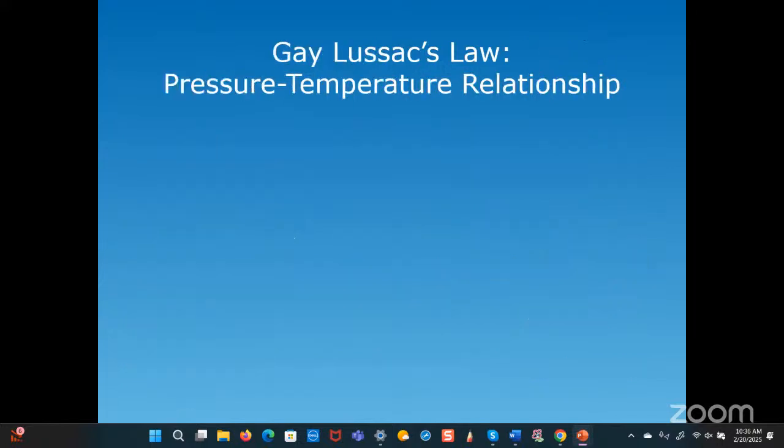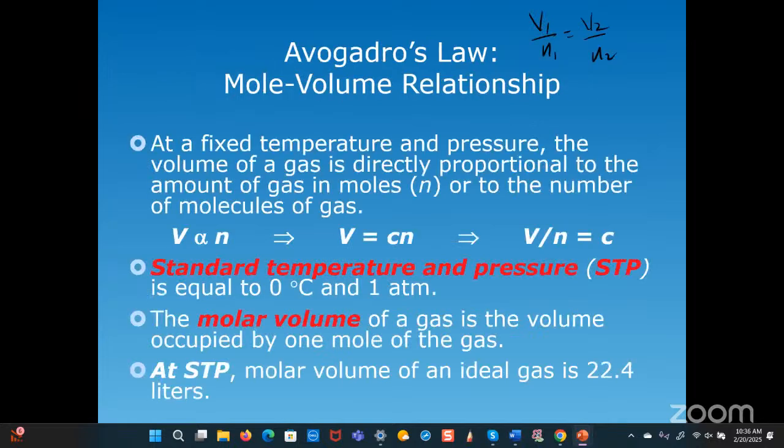Okay, so with that out of the way, I thought I had an example. Let me see here. Okay, number 5 in the assignment is an example of an Avogadro's law question. They gave you the moles, they gave you pressure.